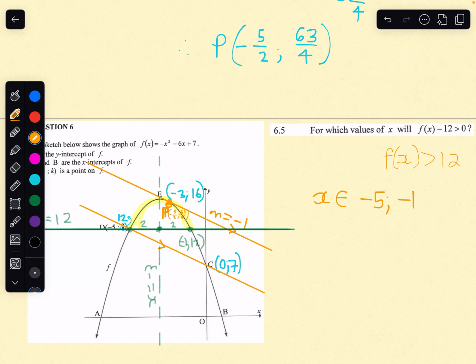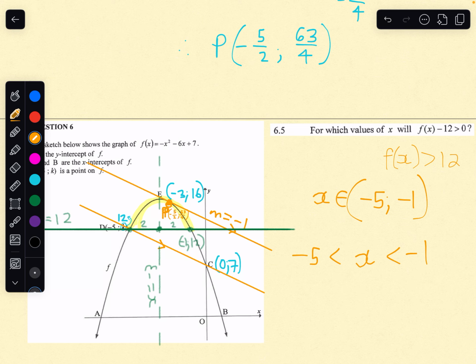So sorry, we chop you. And similarly, minus 1 is also not included. When x is equal to minus 1, our function gives us exactly 12. Again, we are looking for places where f of x is strictly greater than 12. So minus 1, we don't want you. So that would be your answer. Of course, another way to write it is that x must be greater than minus 5 and smaller than minus 1.